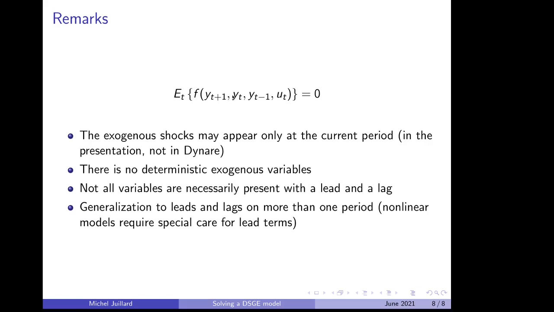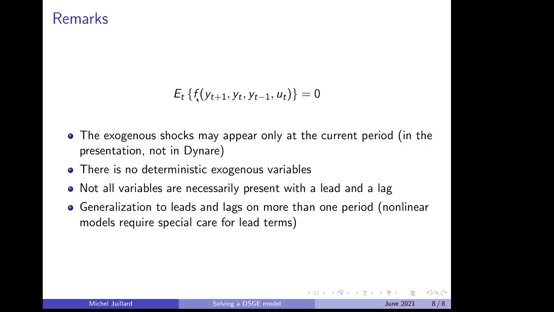But it would make the notation much heavier to take that into account. And in general, you can always consider that the three vectors have the same size and you have zero coefficients in front of the variables that do not matter.